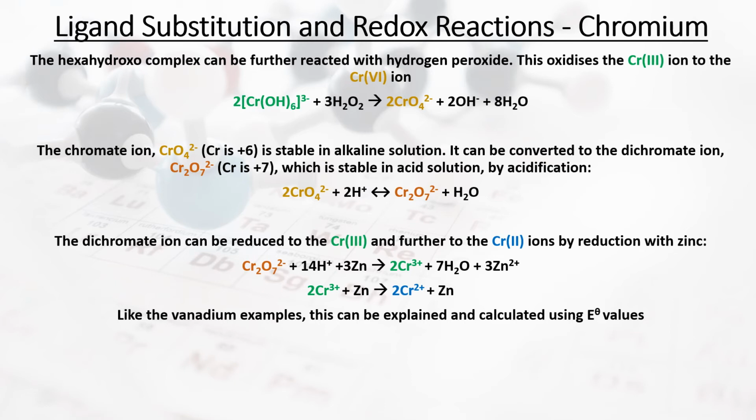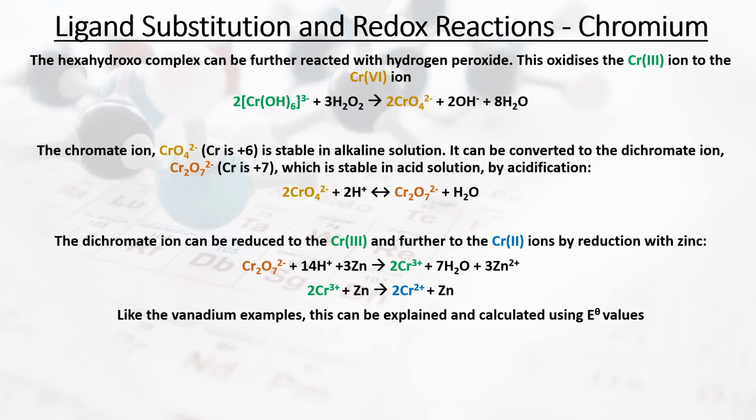Now this chromate ion, CrO4 2-, the yellow ion, where chromium is +6, is stable in alkaline solution. But we can convert it to the dichromate ion, Cr2O7 2-, hopefully you might recognise that as the potassium dichromate that we use to oxidise alcohols up to various carbonyl compounds. And this dichromate ion, that orange colour where chromium is +6, is stable in acid solution. And so you can convert the two by acidification.